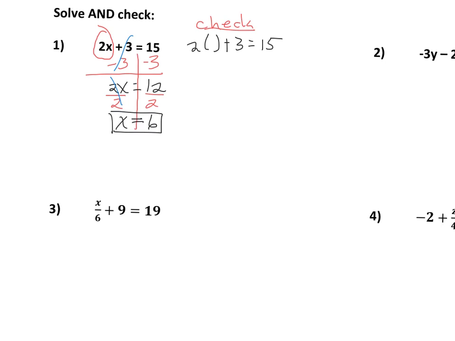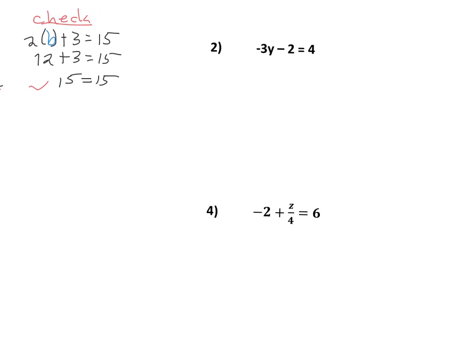And then we're going to replace the x with the 6 that we just set it equal. And then we're going to follow order of operations. So 2 times 6 is 12, plus 3 equals 15. The 12 plus 3 is 15, and that does indeed equal 15, which checks.